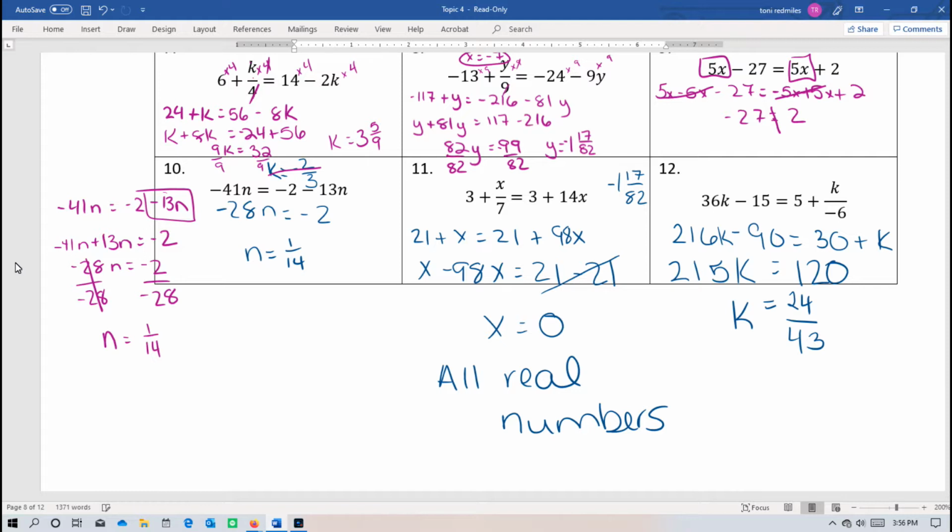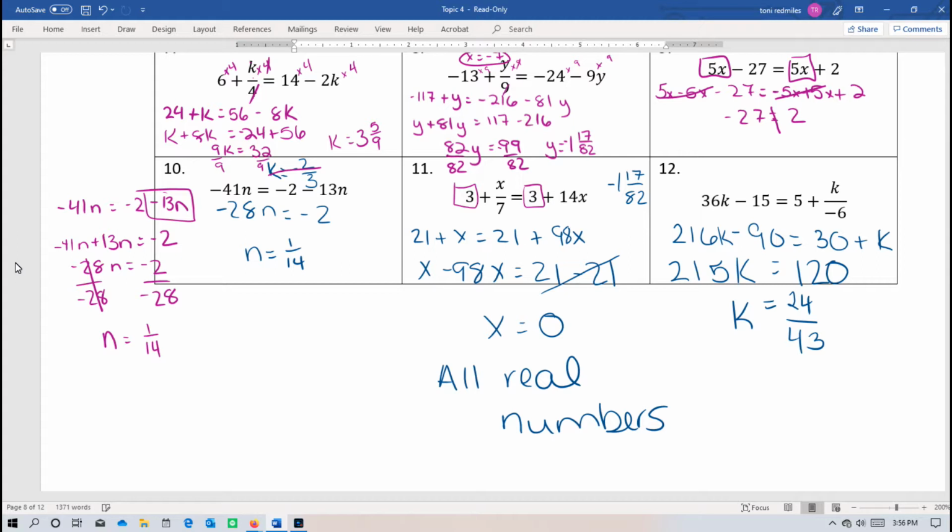All right. So in this one, we have another thing that is the same on both sides, and it's this 3, and it's the same idea as this 5x. They're going to cancel out. And as you see, I put some of the math here because this one's a little bit harder to see.